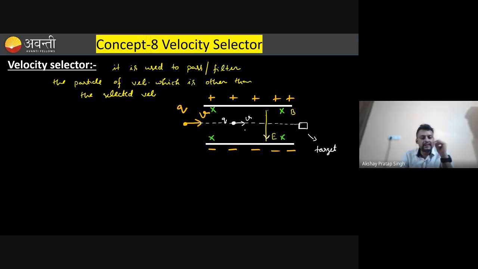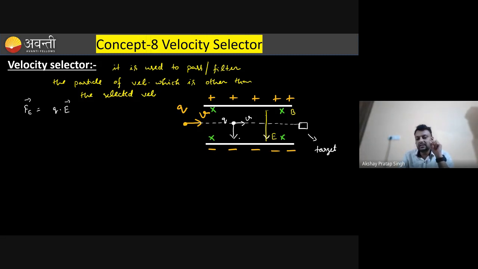You have studied that electrostatic force is equal to Q into E. I hope you remember this. Electrostatic force is what? Q into E. And this electrostatic force acts in the direction of electric field. So the force is Q into E acting in downward direction.